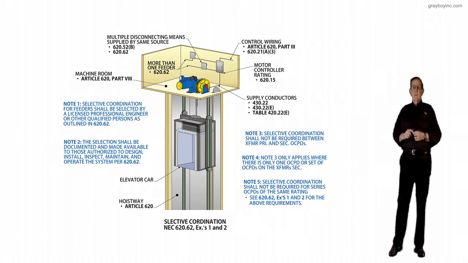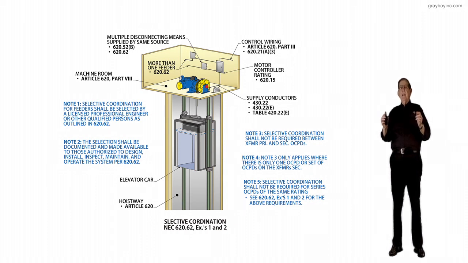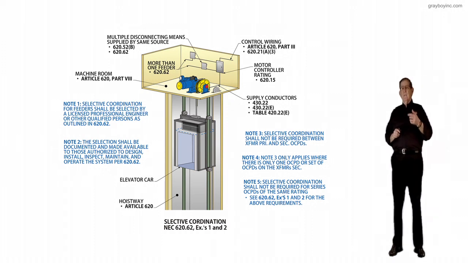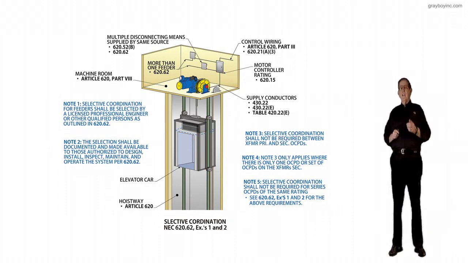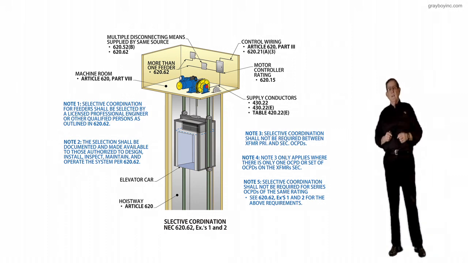And then notice these notes in blue kind of highlight what the revision was provided and accepted for, to provide this selective coordination where it can be provided. And don't forget the exceptions where it's not feasible to do this. Then you'd have to have an exception to let you do otherwise, acceptable to the authority having jurisdiction.